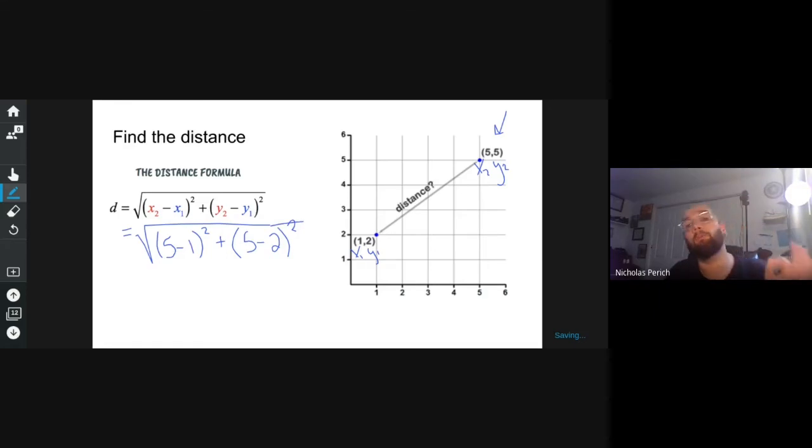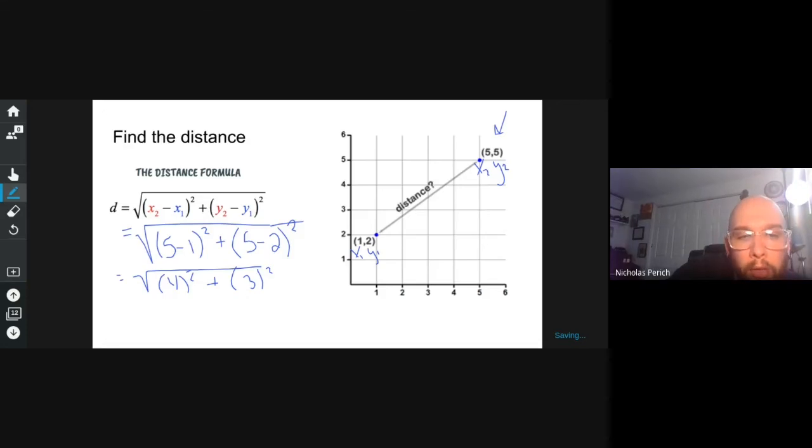Again, this is Pythagorean theorem. And the numbers that I just drew out and erased will show up. 5 minus 1 is 4 squared, plus 5 minus 2 is 3 squared, just like we saw in the triangle that I drew.